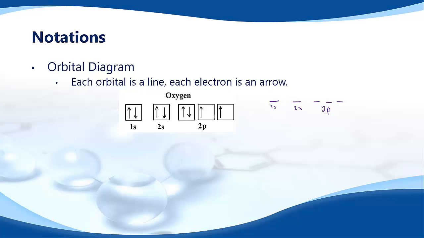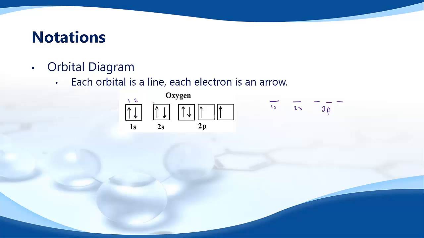So we draw each orbital out as a line, and then we put each electron in as an arrow following the 3 rules until we've run out of electrons to put in, right? So oxygen has 8 electrons. I put number 1, then number 2, because only one orbital in this sublevel.